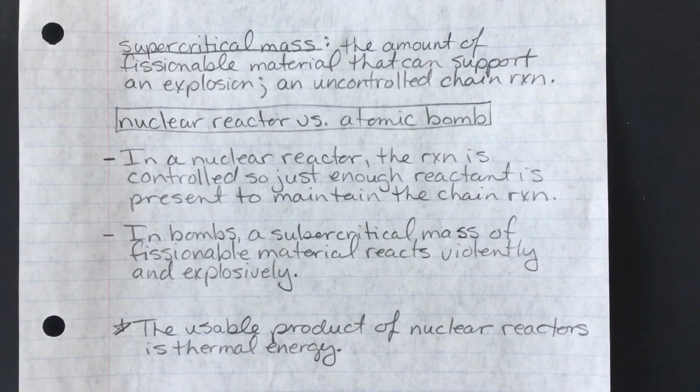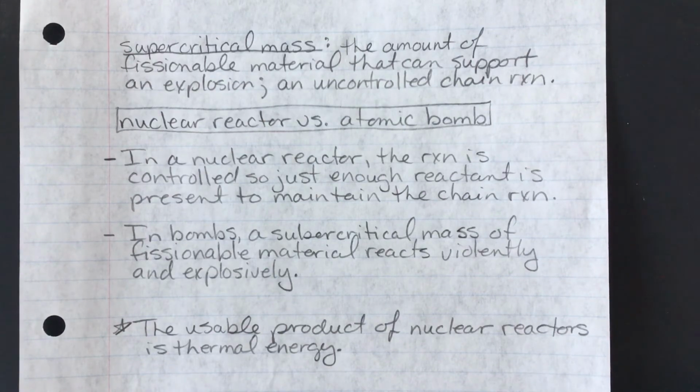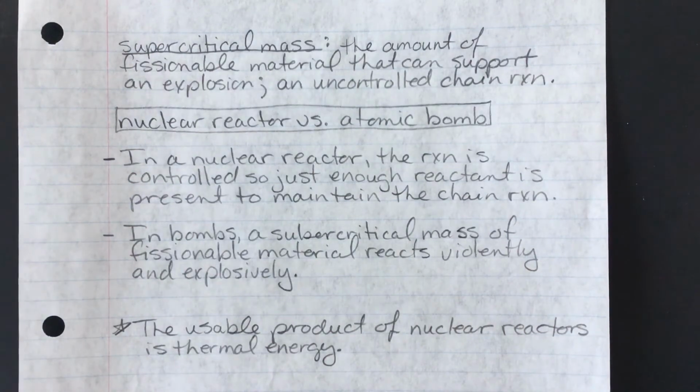We do not want an explosion in that. We want something that is sustainable and controllable. So in a nuclear reactor, the reaction is controlled, so just enough reactant is present to maintain the chain reaction. So we're just right at that critical mass, and we're able to actually control that. And they have numerous ways that they control that I'm not going to get into.